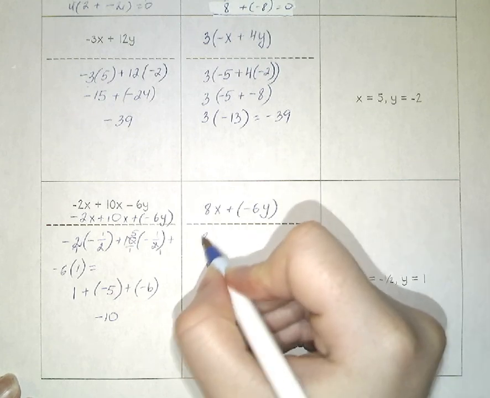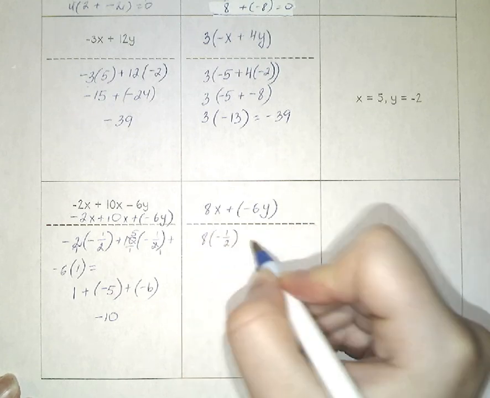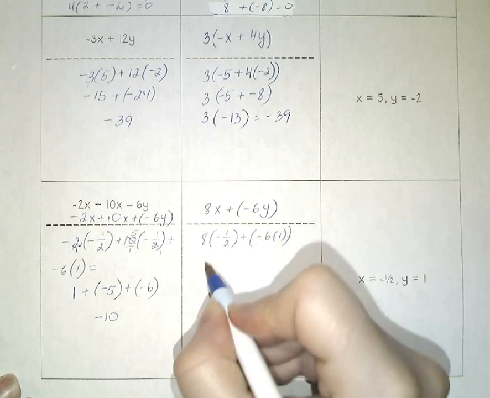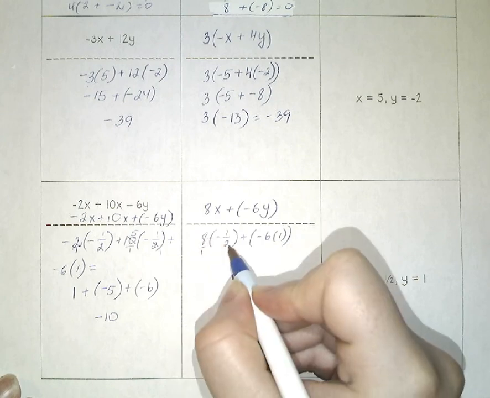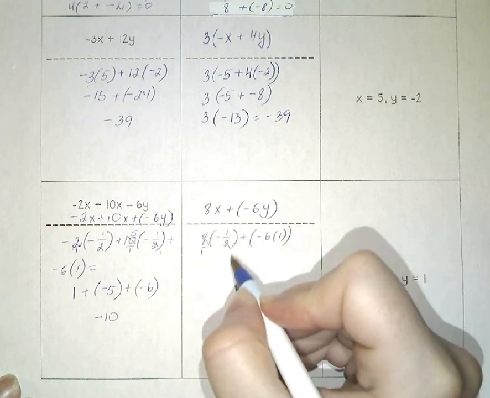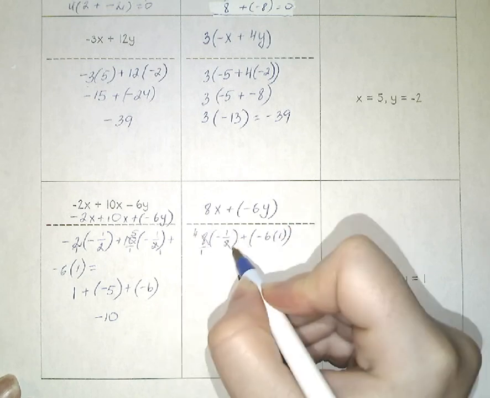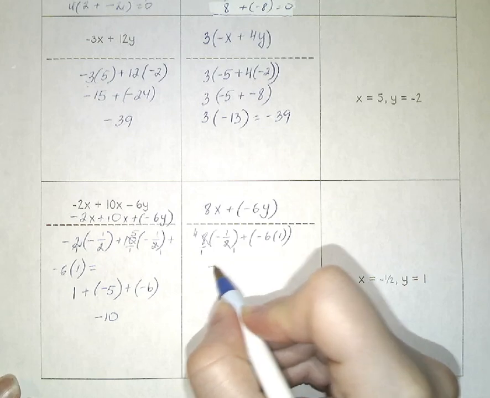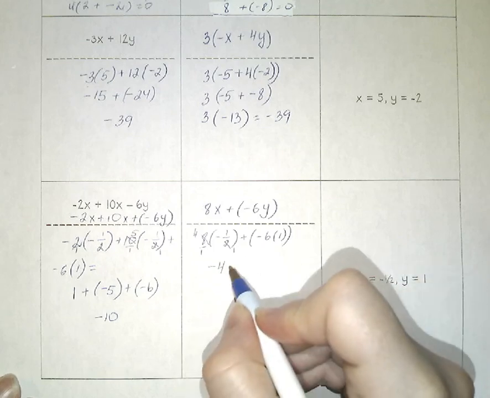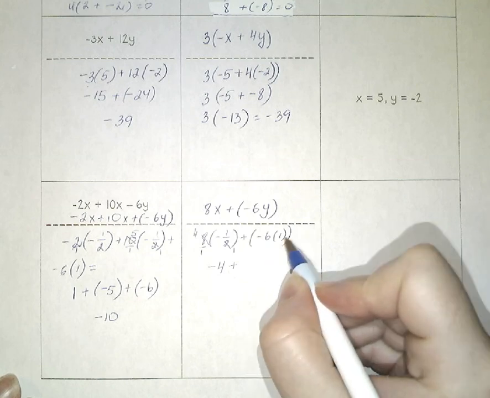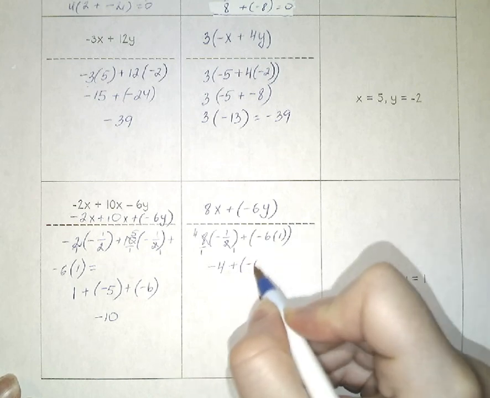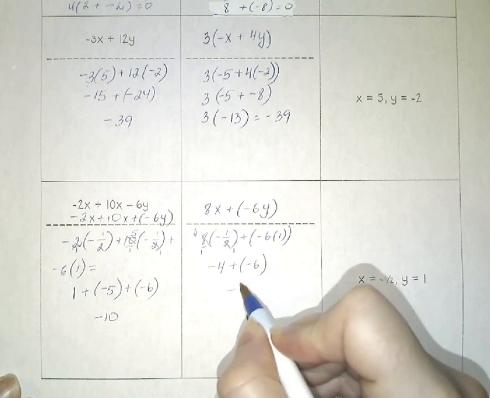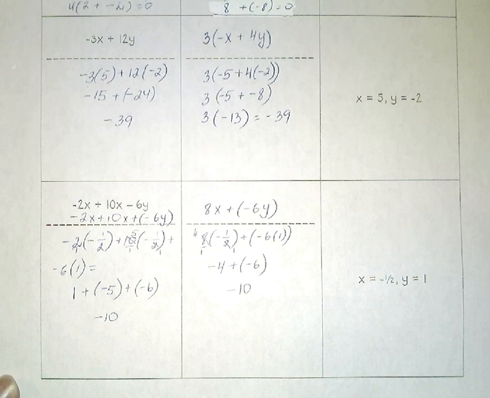If I multiply 8 by negative 1/2 plus negative 6 multiplied by 1, 8 can be simplified with 2, dividing both numbers by 2. 8 will become a 4, 2 will become a 1. So 4 times negative 1 will give you negative 4. And then plus negative 6 times 1 will give you still negative 6. Negative 4 plus negative 6 is negative 10. That works. We got the same answer.